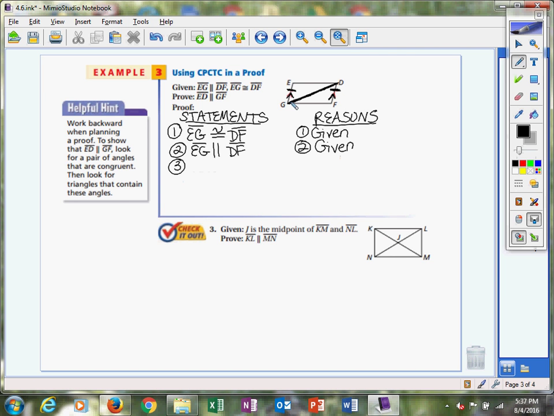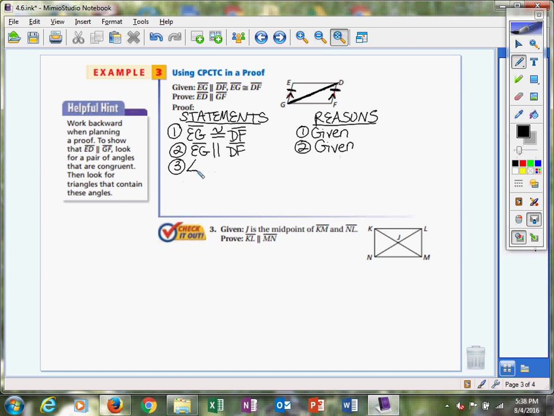So do you see EGD right where my pencil tip is? Okay, and then we've got the other one, FDG. Those are alternate interior angles, and we can prove that they're congruent.